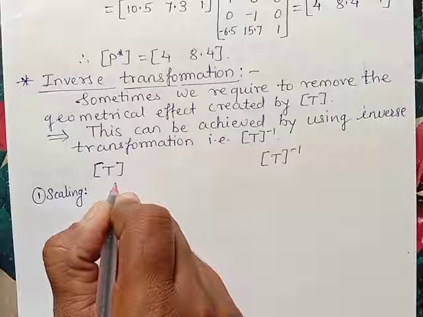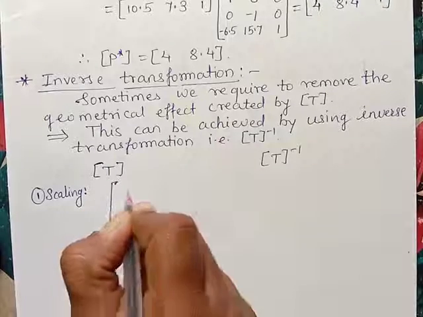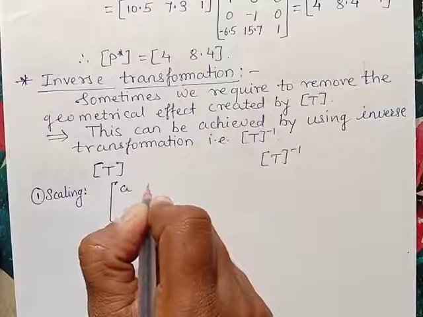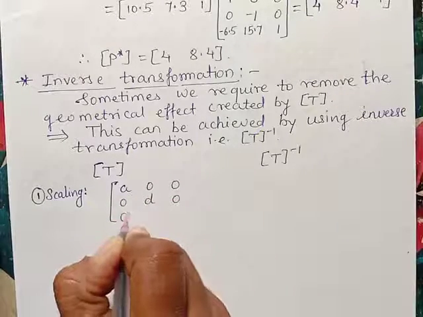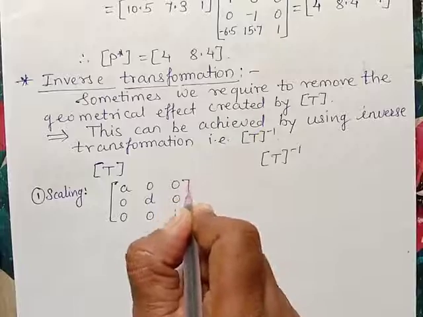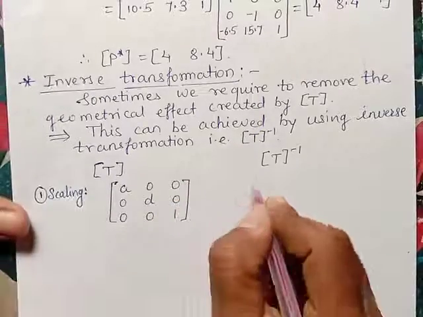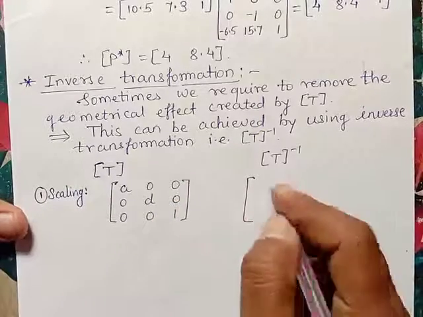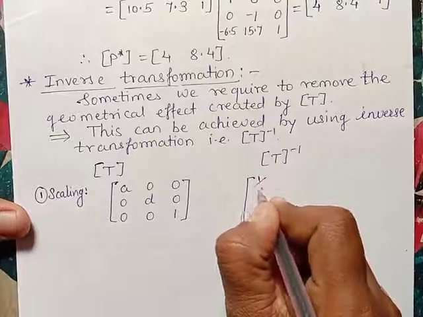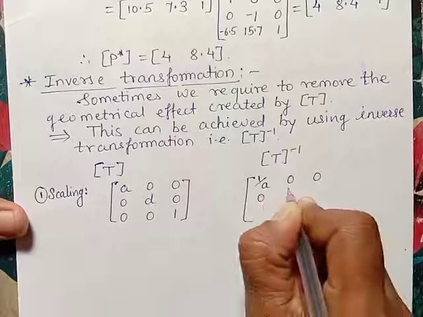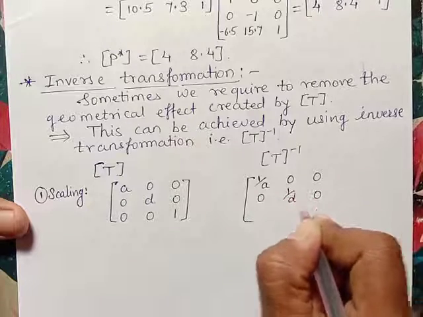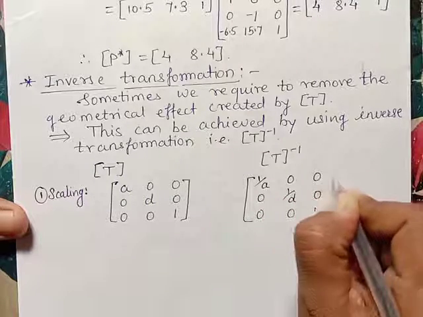T is A 0 0 0 D 0 0 0 1, right? T is this. What is T inverse? T inverse is 1 upon A 0 0 0 1 upon D 0 0 0 1.